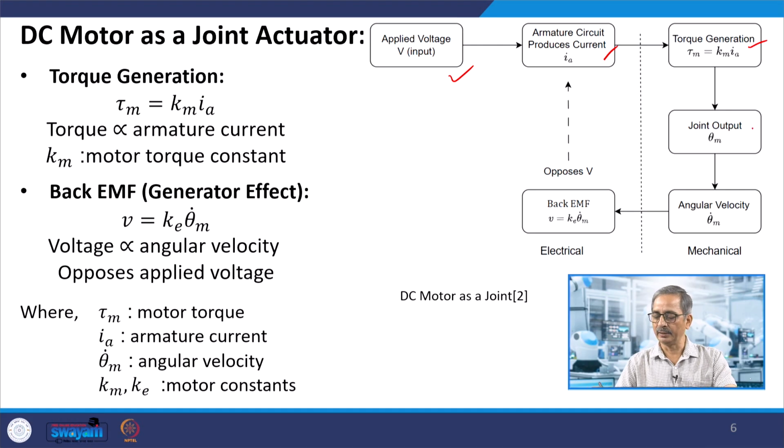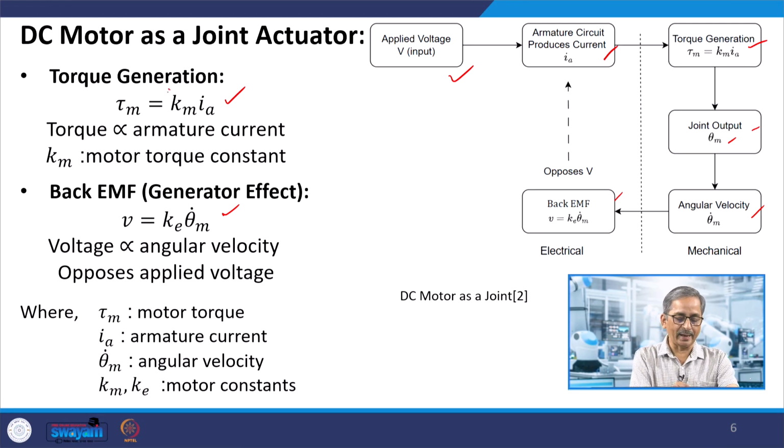So, you have the joint output, and we get the angular velocity, and we have the back EMF, and this back EMF in fact reduces your applied voltage. We will see how. The torque generation is given by a constant times the current through the armature, and the back EMF is again a constant times the angular velocity of the motor.